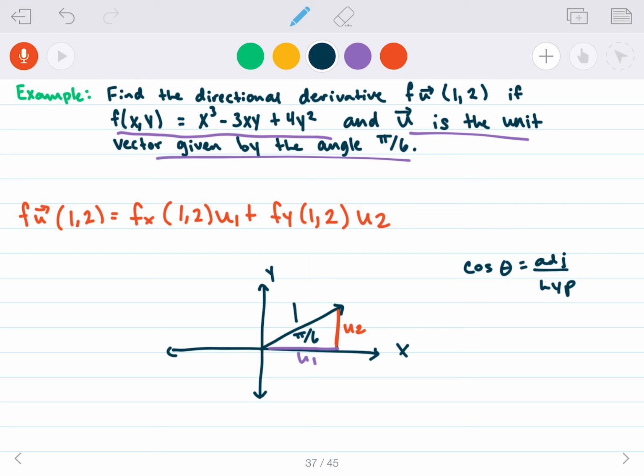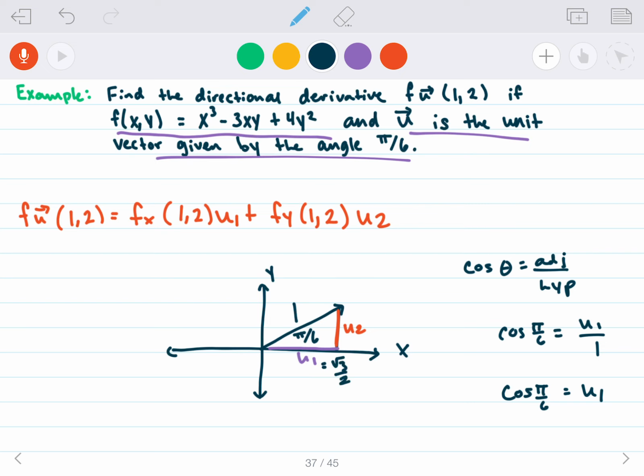So anyway, on the unit circle, this is our cosine. Cosine of pi over 6 is equal to u1 over 1. So cosine of pi over 6 is just equal to u1, multiplying both sides by 1. The cosine of pi over 6 is root 3 over 2, and therefore u1 is root 3 over 2.